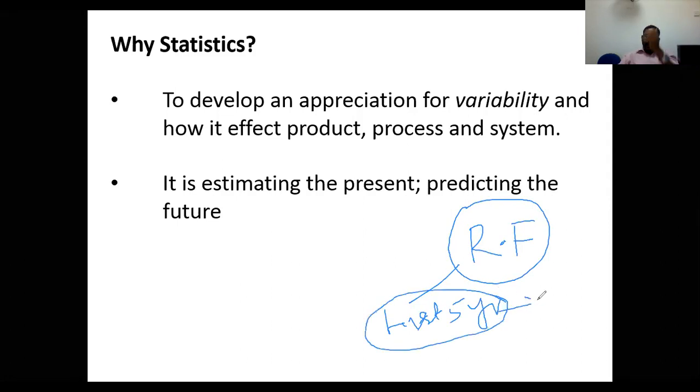Based on that, having some average value, we can maybe predict the next year's rainfall quantity, right? So based on the last 5 years or the present year, we can predict the future based on the present or the past. By estimating the present or the past, we can predict the future values, right?